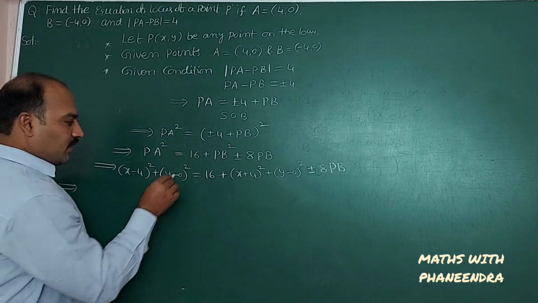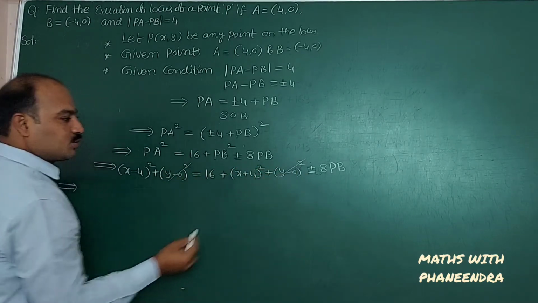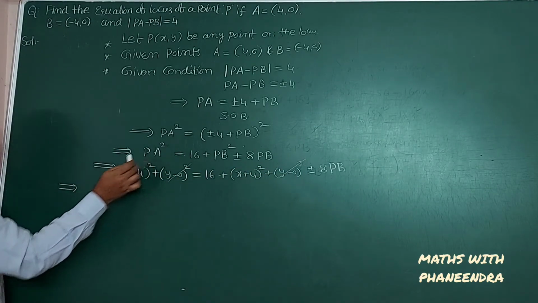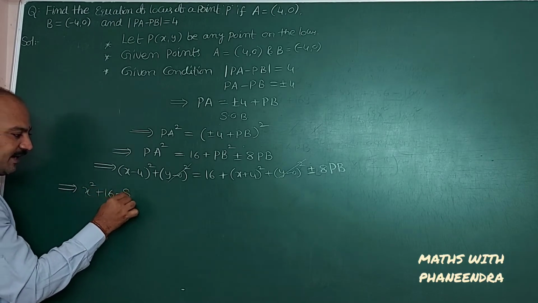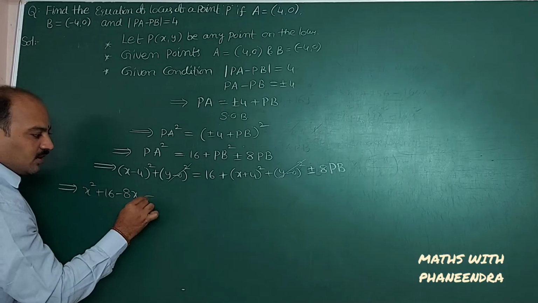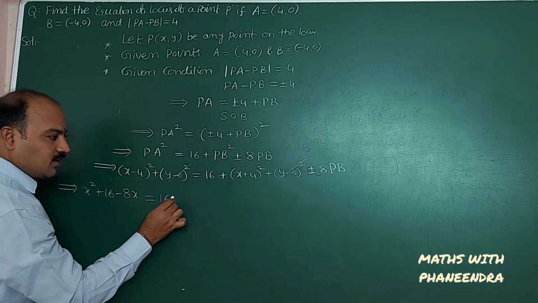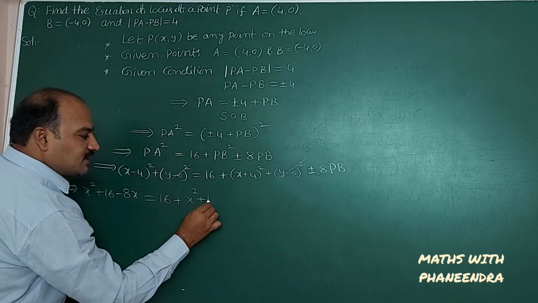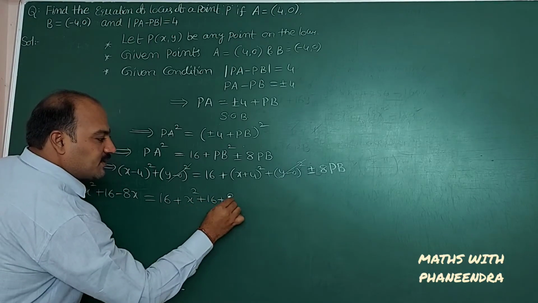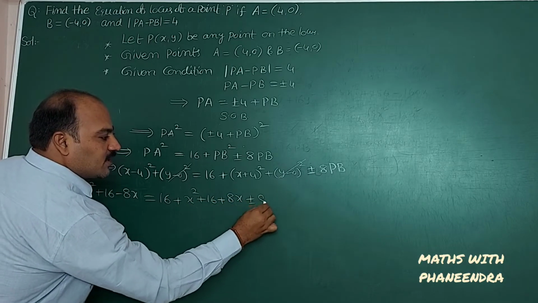Now on both sides (y minus 0) whole square, (y minus 0) whole square, you can cancel it. (x minus 4) whole square: x square plus 16 minus 8x is equal to 16 plus (x plus 4) whole square: x square plus 16 plus 8x plus or minus 8 PB.